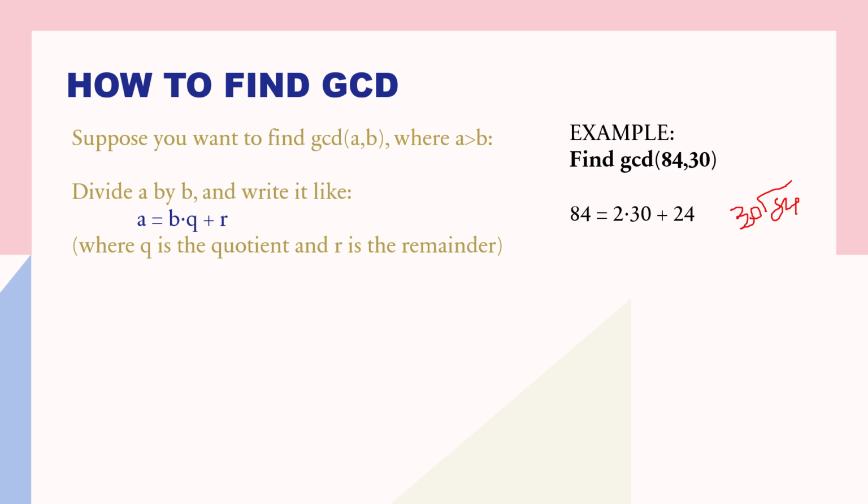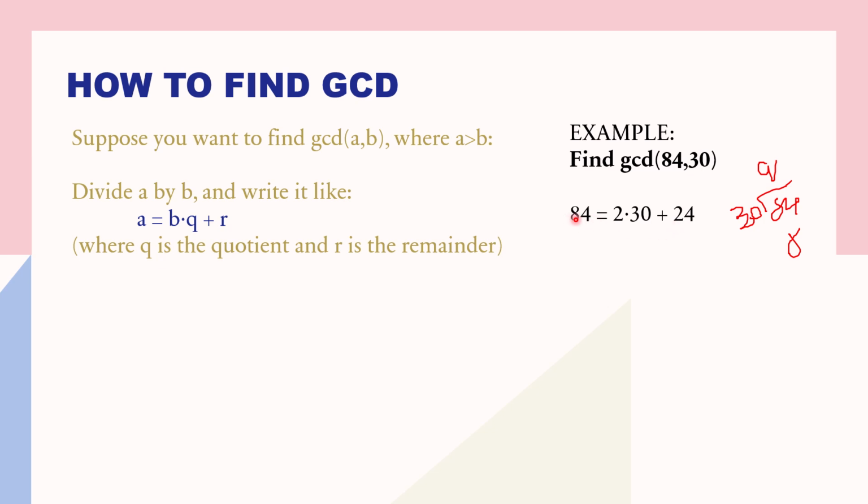You divide, and you get a quotient and a remainder. The quotient in this case is 2, since 2 times 30 is 60, and 3 times 30 is 90, which is greater, so we can't use that. So you take 2, and the remainder becomes 24. This is how you write the first step.